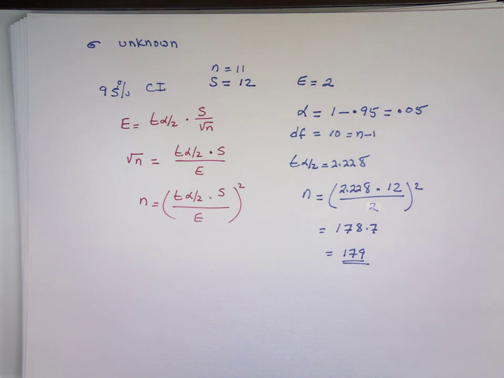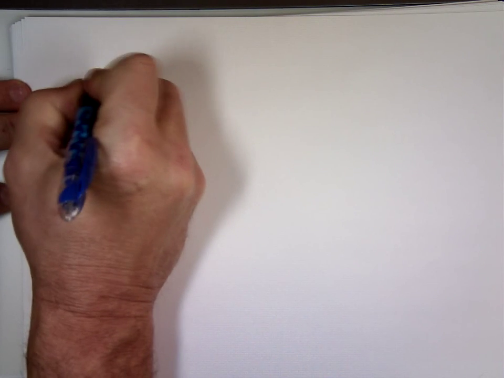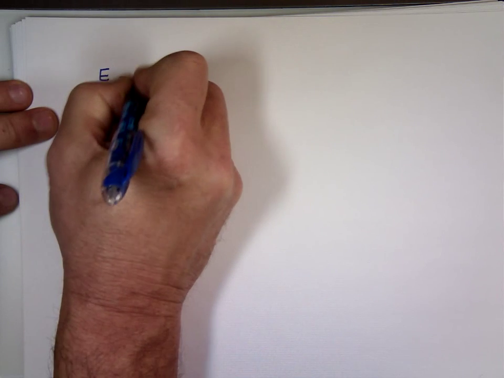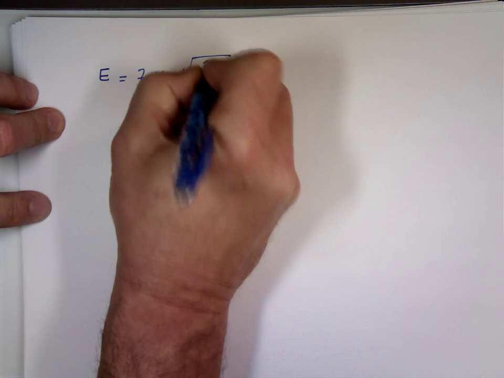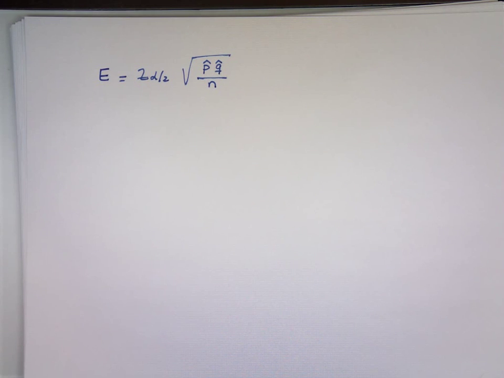Once I know what that number is, we go from there. While I'm talking about the sample size, it made me think about the first half, the proportion, the percentage. Because for the percentage, if you remember, your error was what? z alpha over 2 times the square root of p q over n.